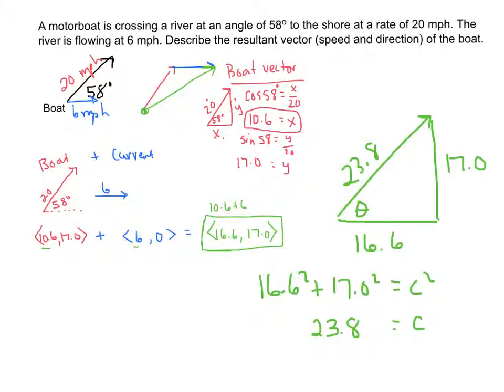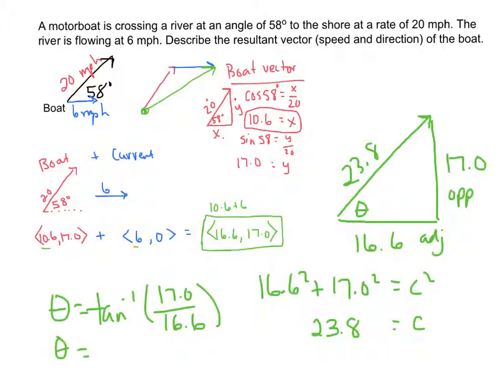And then if I want to figure out this angle, theta, I'm going to use tangent, because we have opposite and adjacent. So I'm going to do tangent inverse of 17.0 over 16.6.